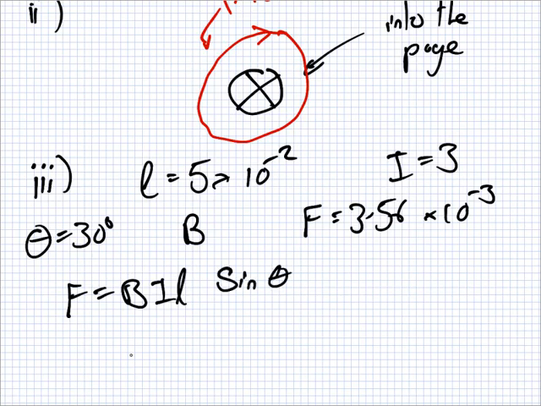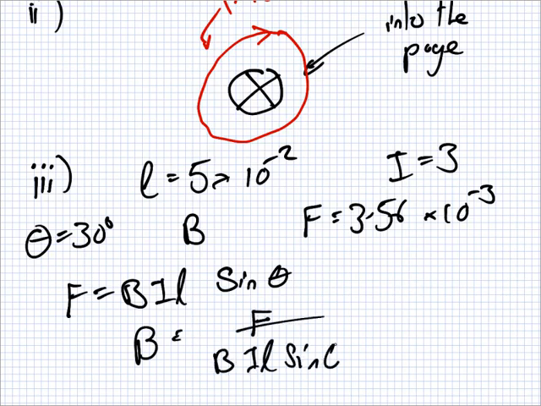So we want the B would equal F over IL sine theta. Sorry, what am I doing? Duh. There's no B here.